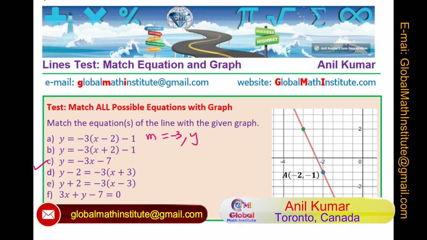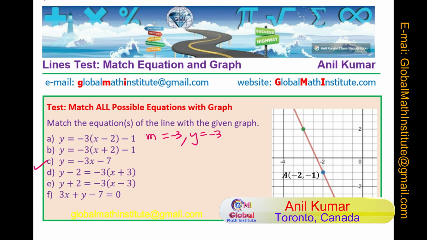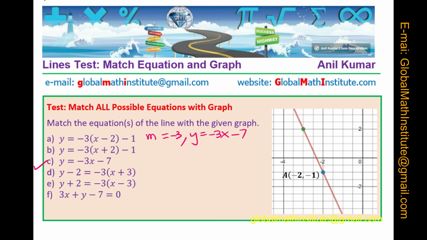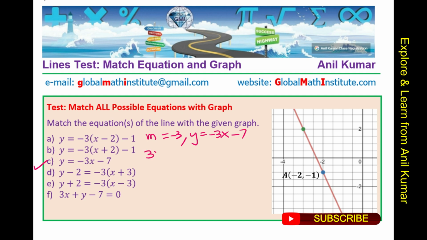So we know y equals -3x minus 7. Perfect. Now we have to see, can we get any other correct equation? Well, if I rearrange this, bringing all the components on the left hand side, I get what? I get 3x plus y plus 7 equals 0. The last one is -7, so that is not correct, right?